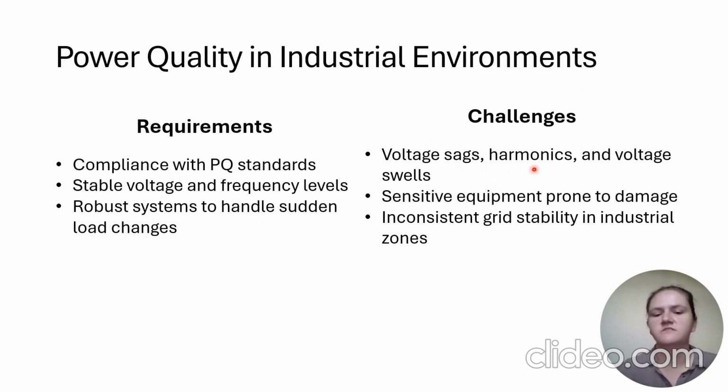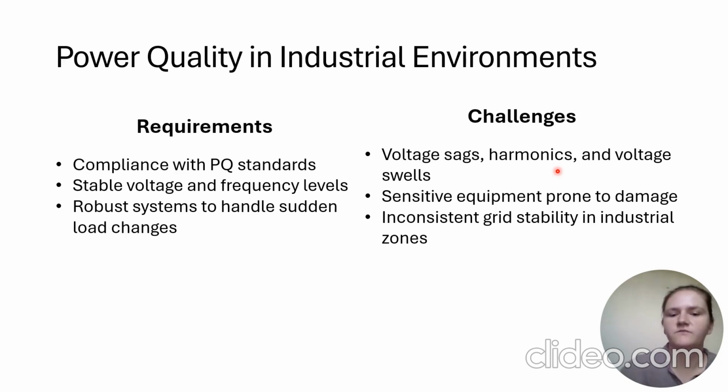Another power quality challenge is harmonics, and harmonics are caused by non-linear components. These are often found in the industry, like frequency converters. These harmonics can heat up a transformer or a motor, which will damage them and reduce their lifespan.